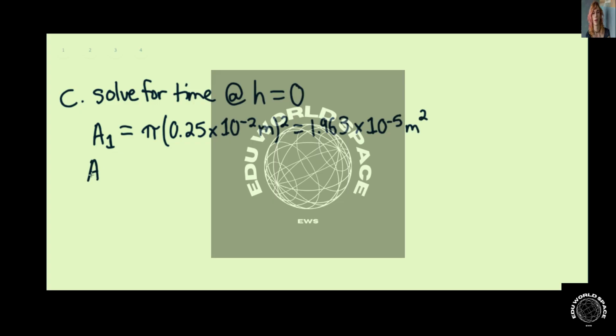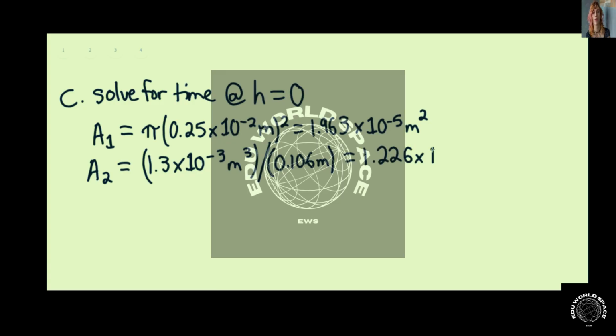And then a sub 2 would be equaling 1.3 times 10 to the negative third meters cubed divided by 0.106 meters. And this is equaling 1.226 times 10 to the negative second meters squared.